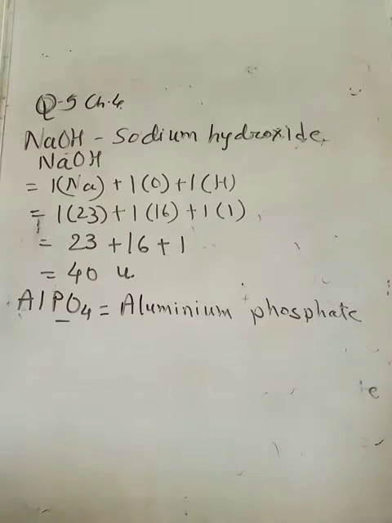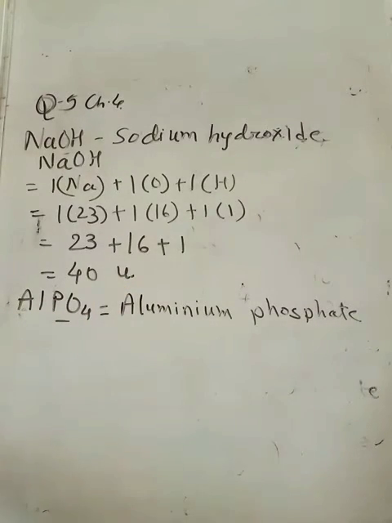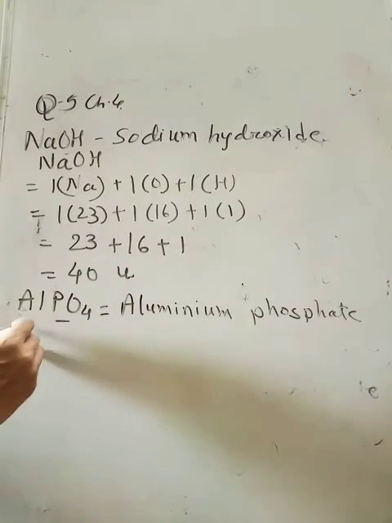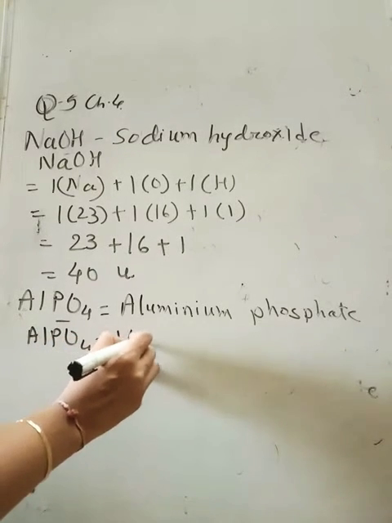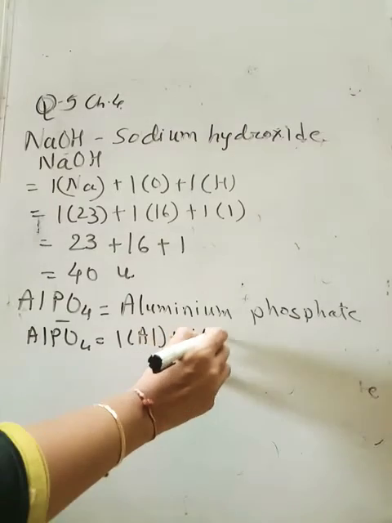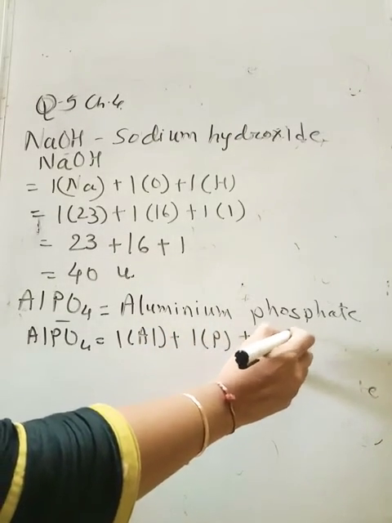After 40 Dalton the next one is aluminium phosphate. So aluminium phosphate will be 1 aluminium plus 1 phosphorus plus 4 oxygen.